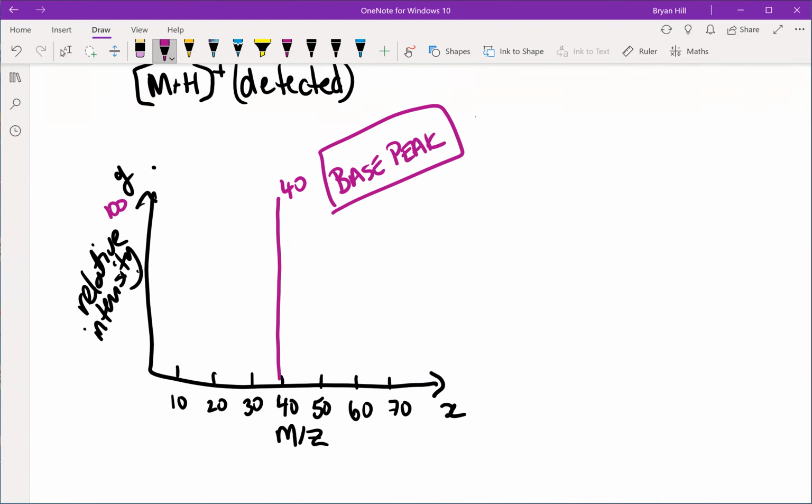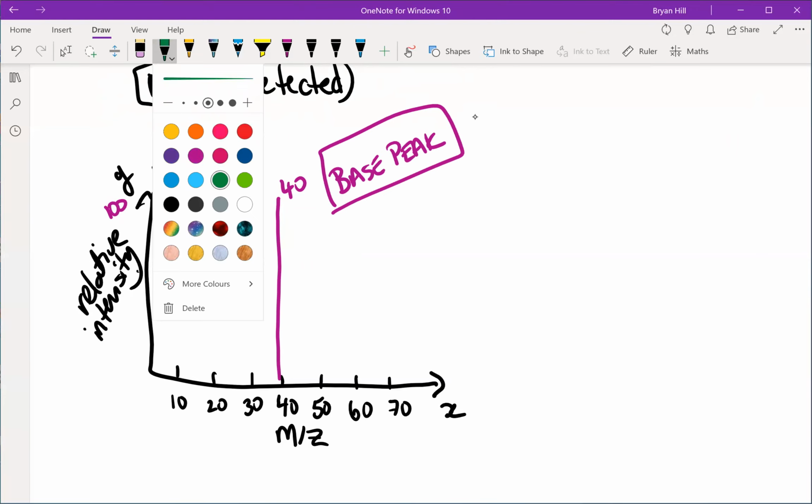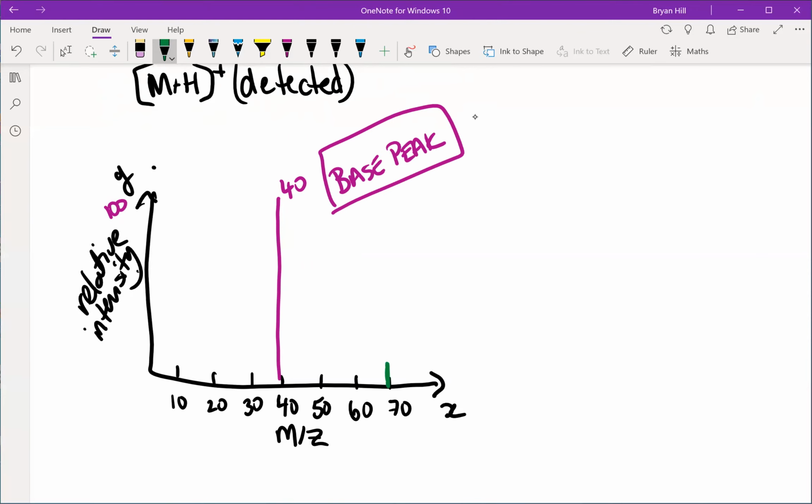Now let's pretend that we had a little peak way down here at 70. And this has got a special name, the M plus peak, or the charge peak with the highest mass. This is the peak which results from the loss of a single electron.